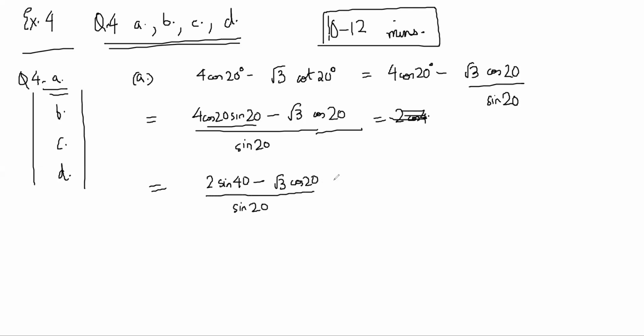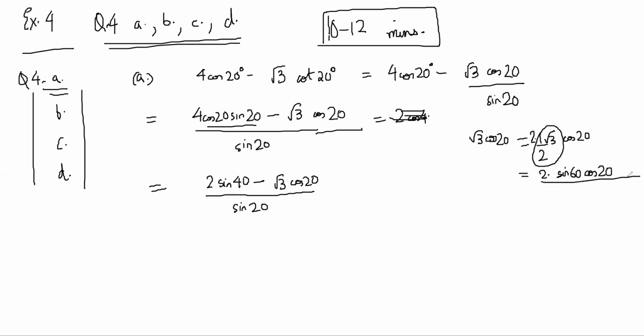And this root 3 cos 20 I will write as 2 into root 3 by 2 cos 20. Root 3 by 2 is sine 60.